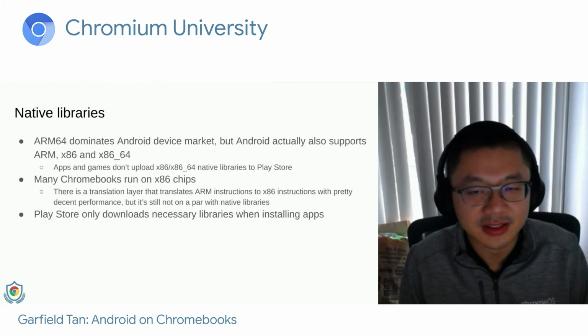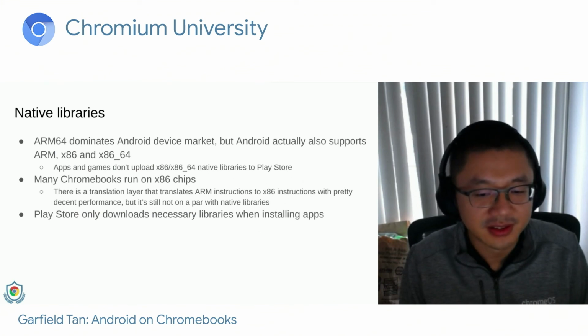Last but not least, there are apps and games that have native libraries only available in ARM. That's okay because there's a translation layer that translates ARM instructions into x86 instructions. But it's not as performant as native libraries.